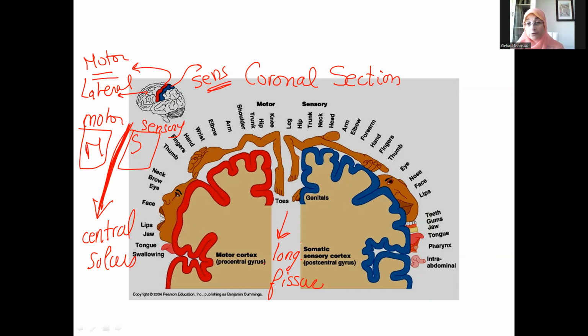If it is the longitudinal fissure, what does this mean? It means that this is one cerebral hemisphere, this is the other cerebral hemisphere.